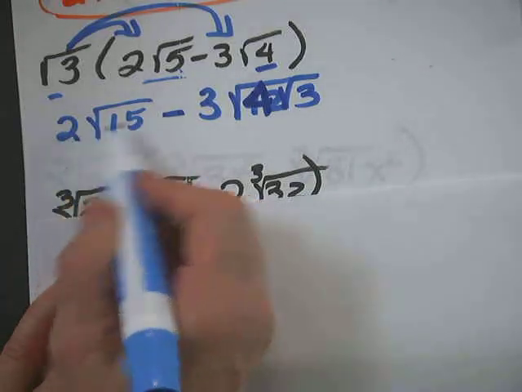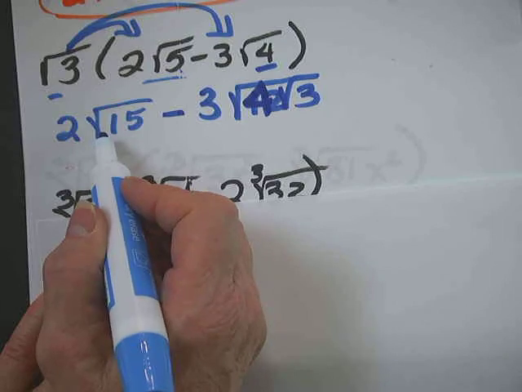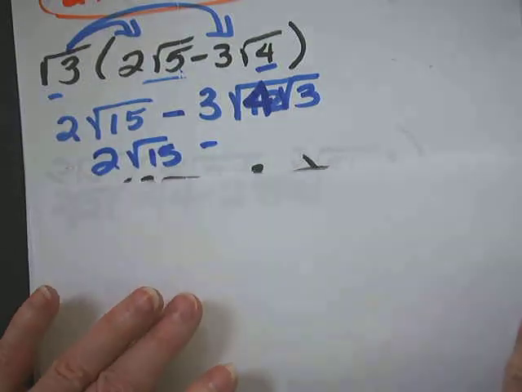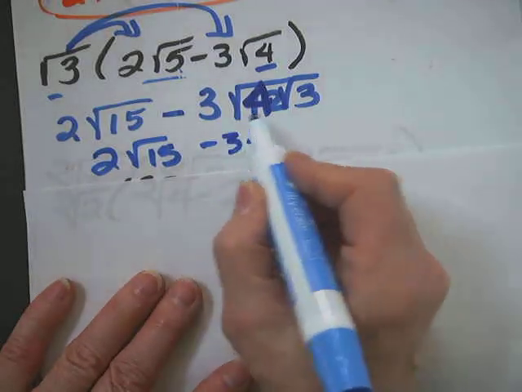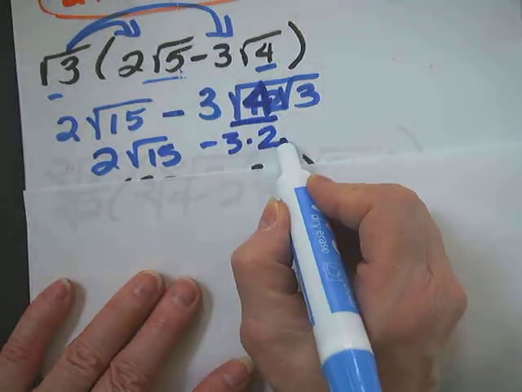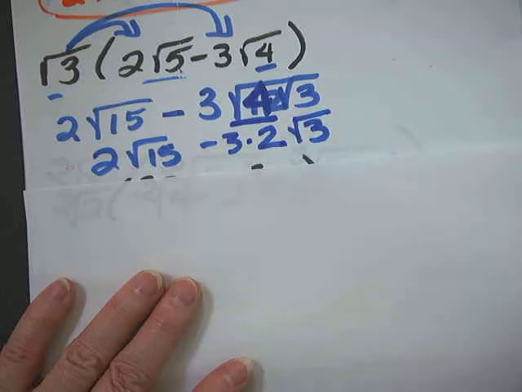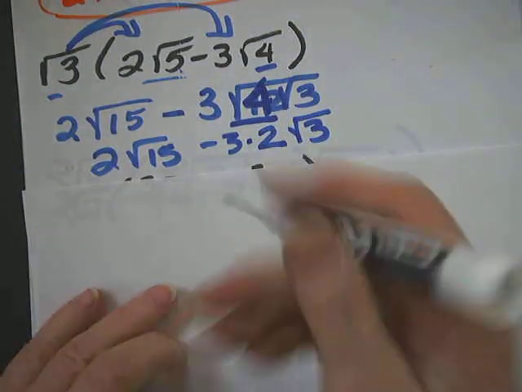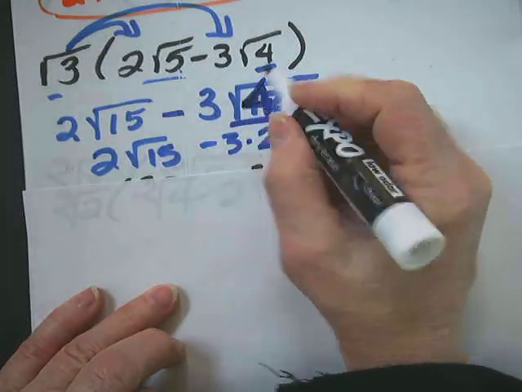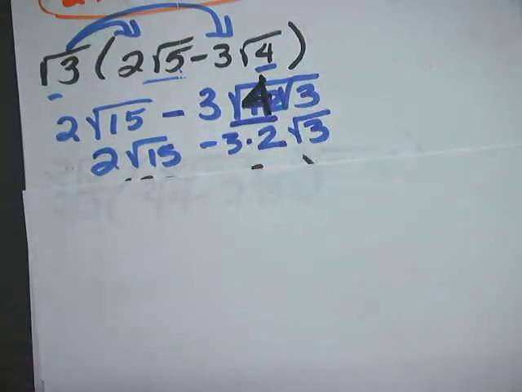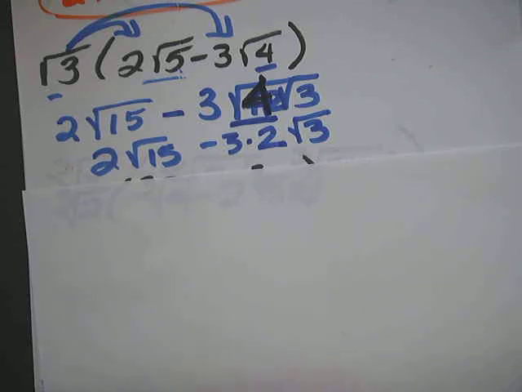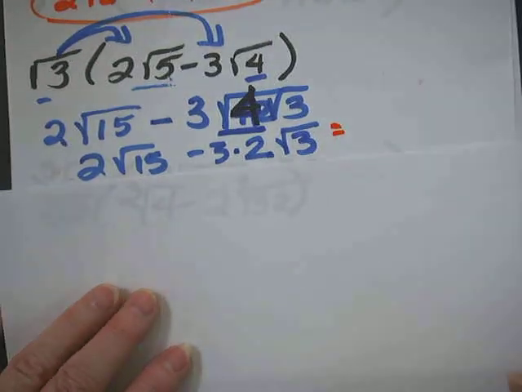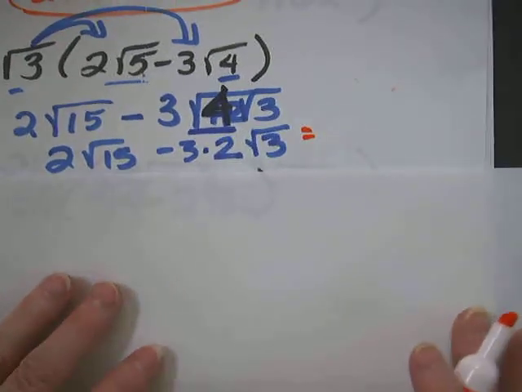Square root of 3 times square root of 4? Square root of 12, right? But this should have been turned into 2 probably, huh? Let's leave it as square root of 4 times square root of 3, because that way we don't have to make a step of breaking it back apart to simplify it. This is as far as we can get. 3 and 5, neither one of those are perfect squares. We're going to leave that.